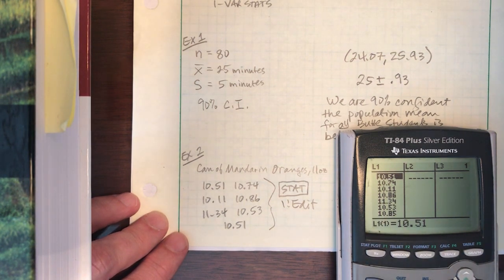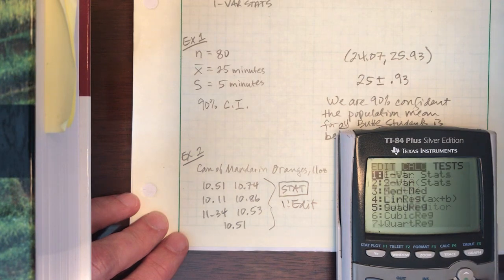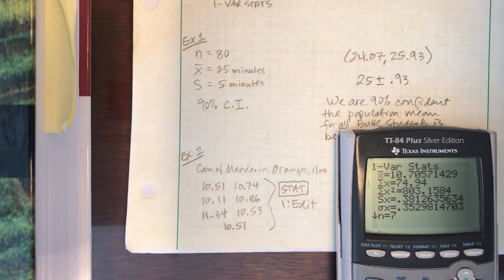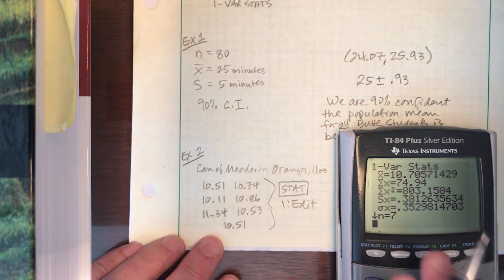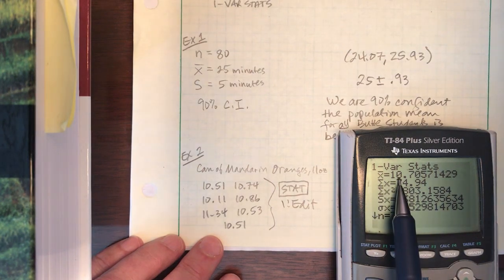Once you have those, we quit, hit second mode. I can clear out my home screen from the last problem, and we hit stat, calculate OneVar Stat, tell it which list, L1, and we've got it. So it's nice to write those down. Let me jot down my 2 summary statistics. My average, 10.705. My standard deviation, 0.38.